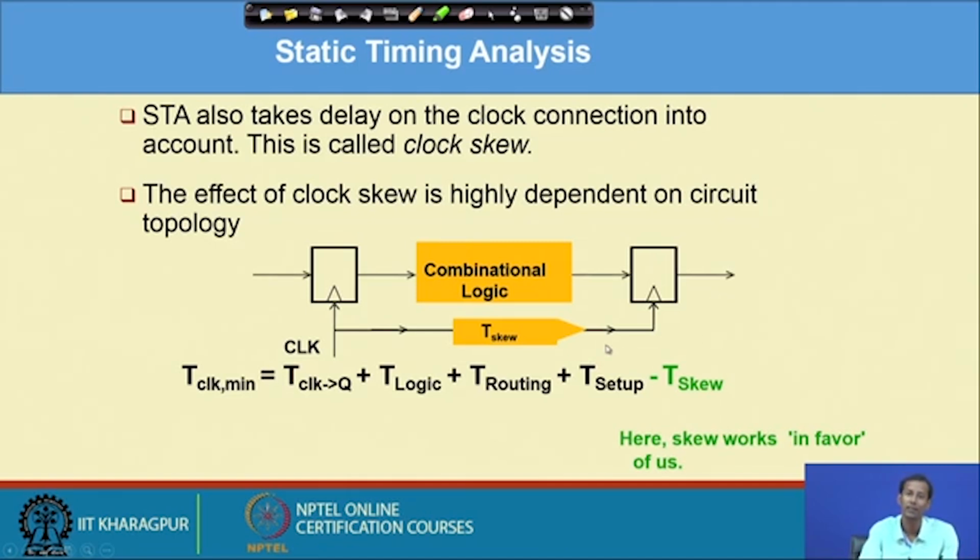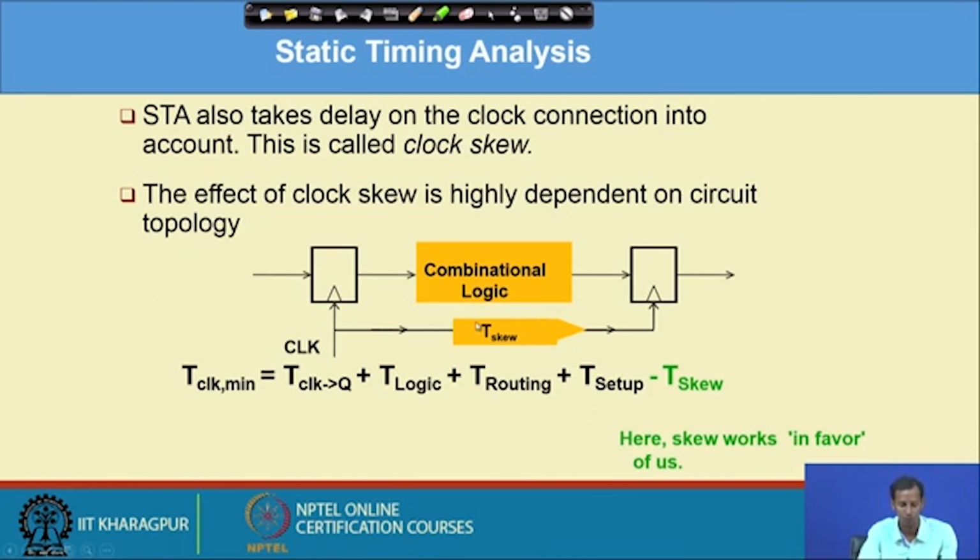So many factors are associated with that. One of them is clock skew, and not only clock skew, clock jitter is also there. What clock skew and jitter are, we will discuss in other slides.